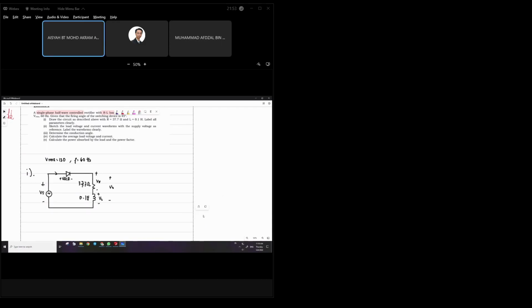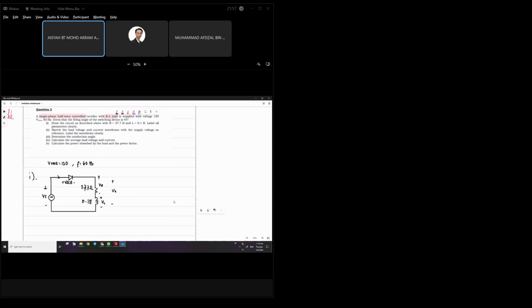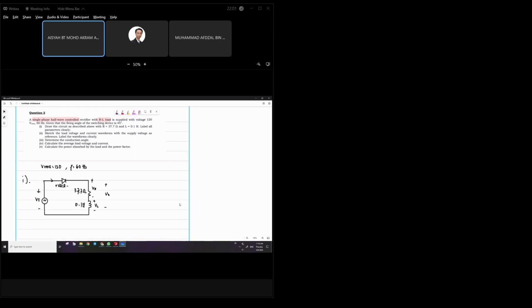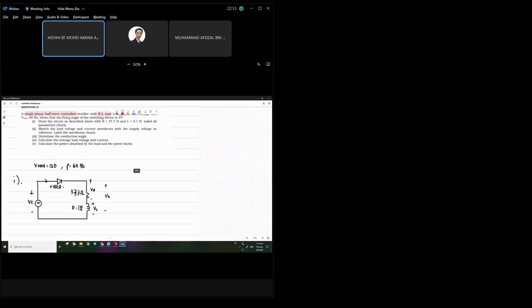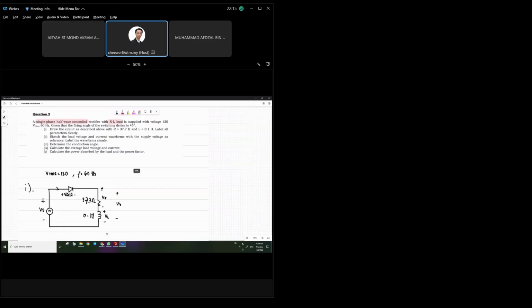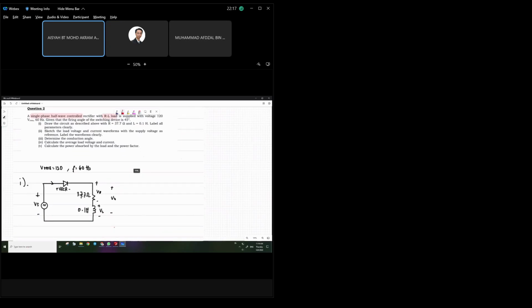So for question number 1, it tells us to draw the circuit that describes the half wave control. From here we know that the graph will appear. What I understand about the half wave RL load, there is the resistance, and that's all from me.